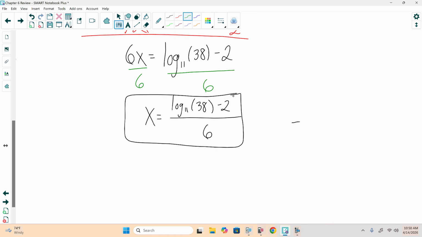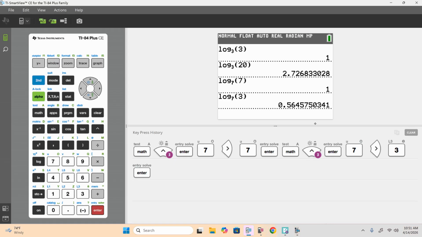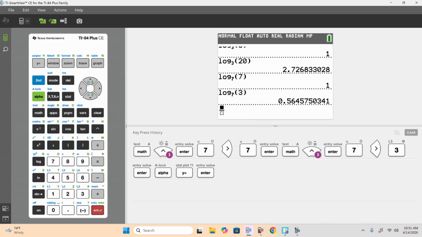And because x started off in an exponent, we don't have any restrictions. There are no values of x that we cannot have that are not real numbers. Now, at this point here, if we wanted to, we can plug it in the calculator, go alpha y equals enter to get our starting fraction.